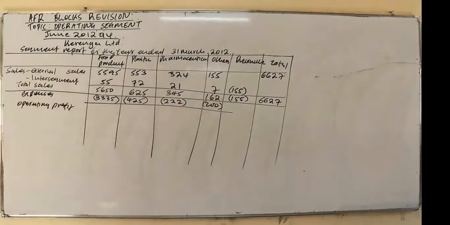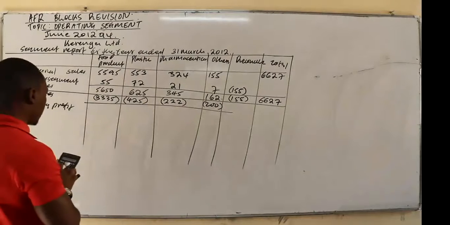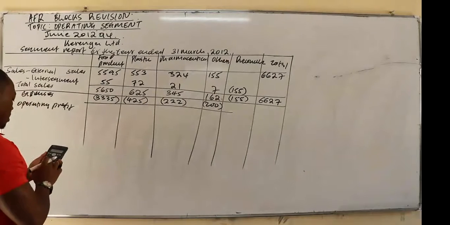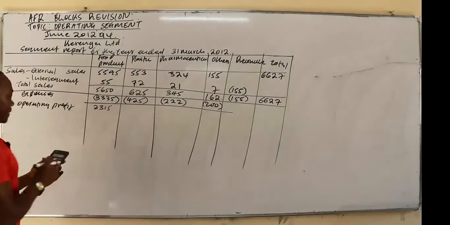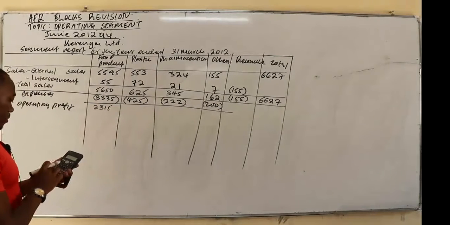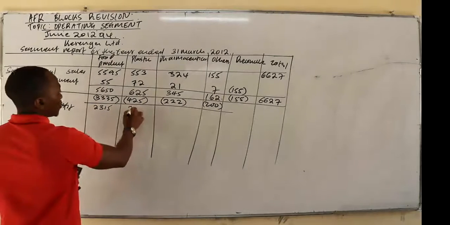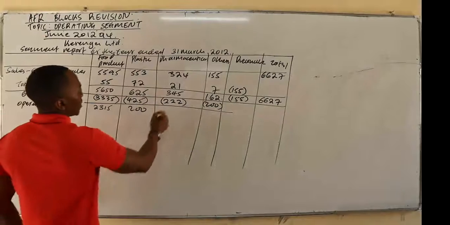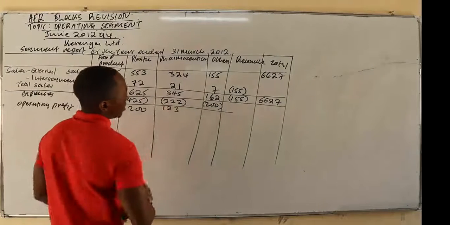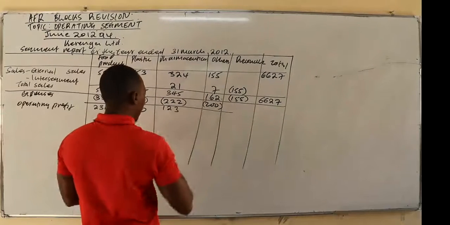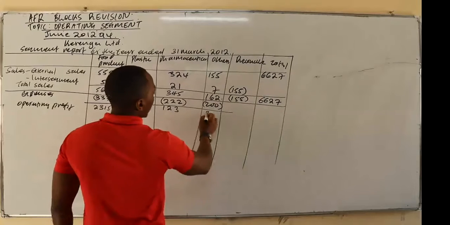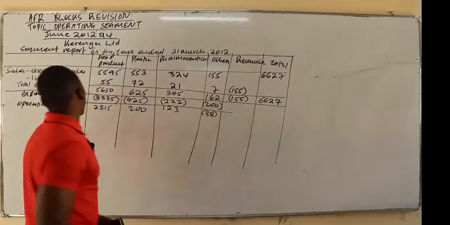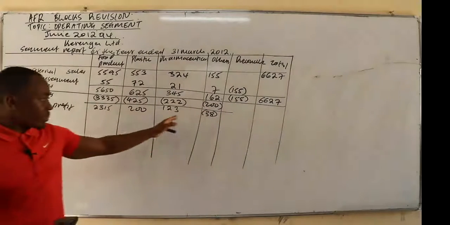So you take the total revenue, you less the expenses. You have 2315. That's 200. That is 123. Here we have 8, which is a loss. So that's how you get the operating profit.